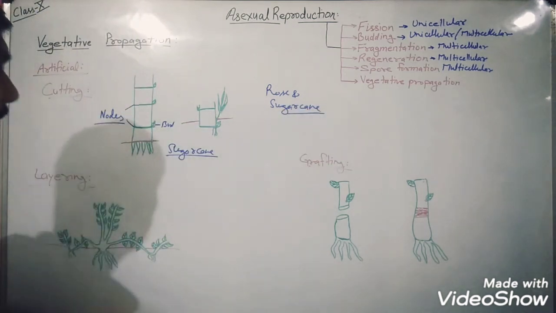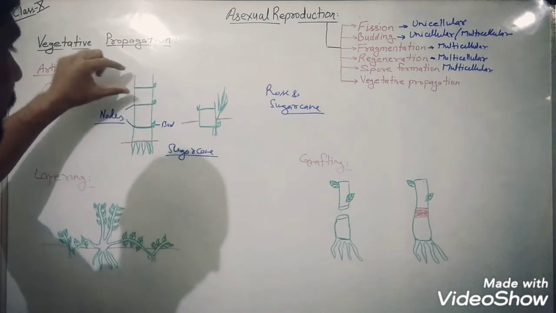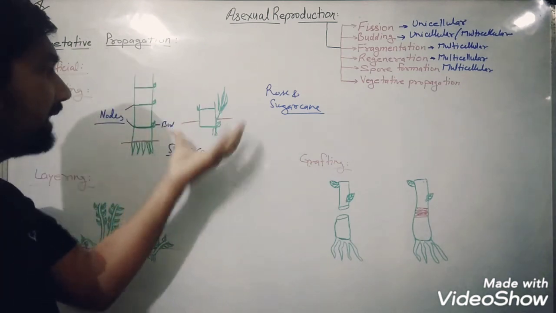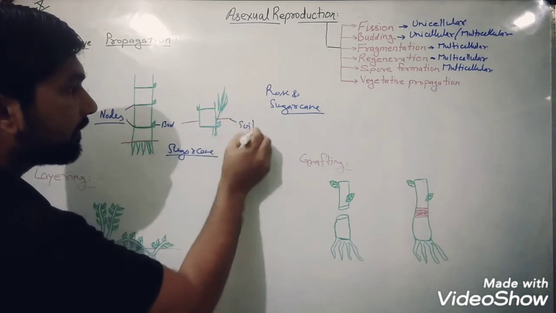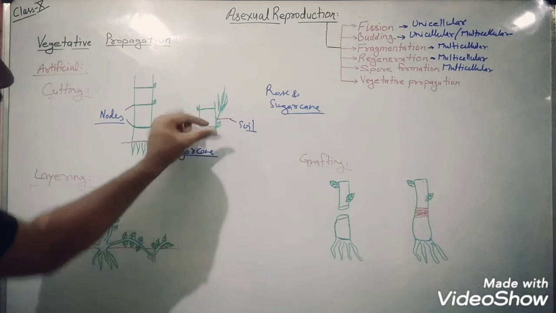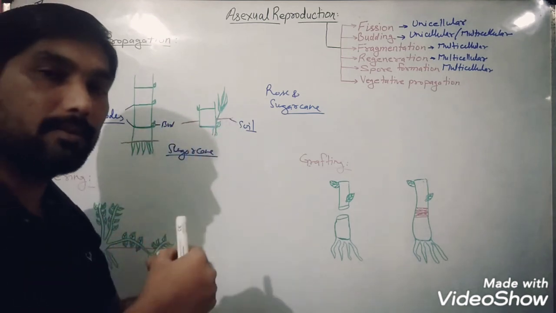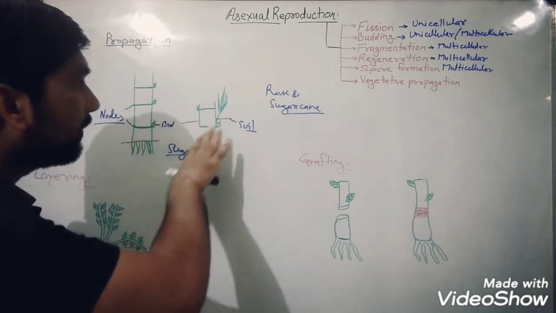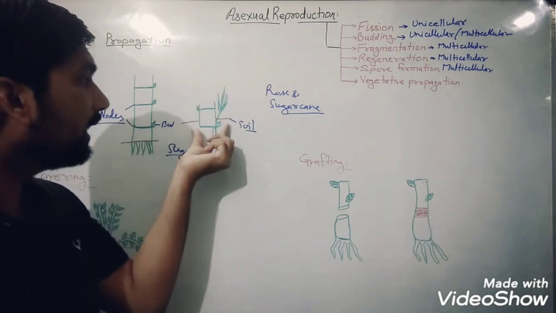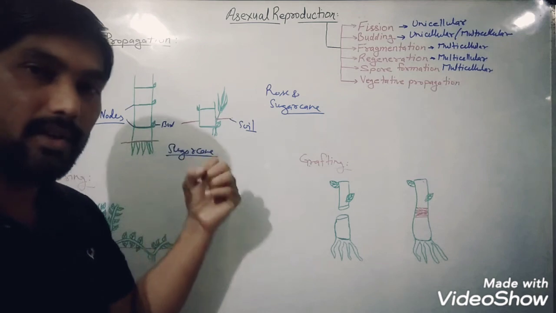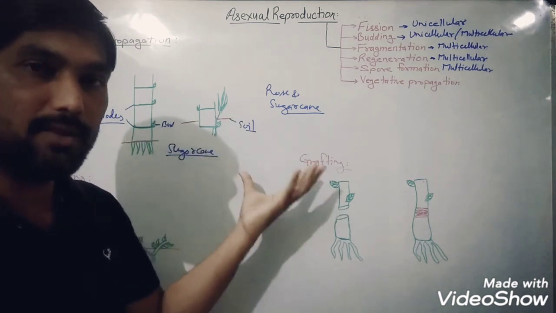So this technique is very common in rose and sugarcane plant, where if we are going to cut a portion of this plant and going to fix it into the soil, if we are going to dip it into the soil, so from the bud the adventitious roots first they will germinate, and then after the shoot of the new plant will germinate, and finally this part of the stem will grow into a new individual plant.